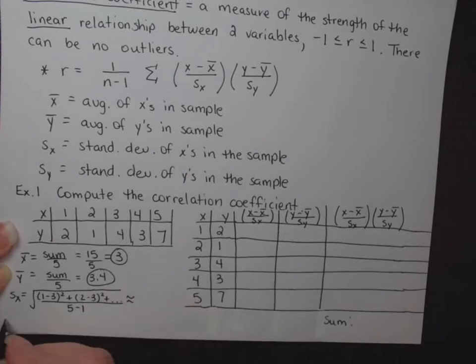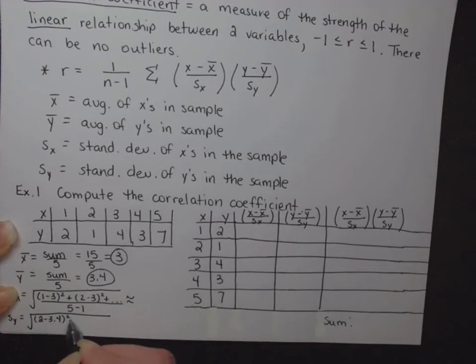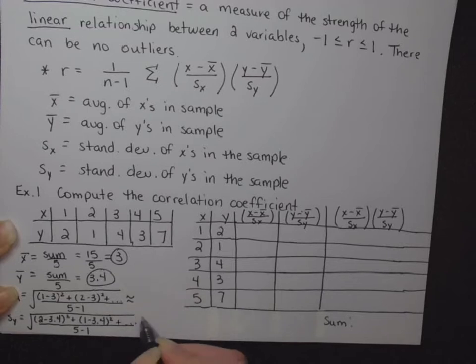I'm going to tell you what that is in a minute, but for the Y's, you do the same. Just remember that you need to change over to all the Y values. So it's Y value minus the Y average squared, plus next Y value minus that average squared, plus dot, dot, dot, and then all over 5 minus 1.